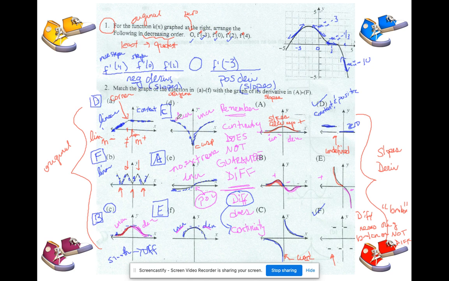My graph was decreasing because my slopes were negative and increasing because my slopes were positive. There is a turning point here. It is not a nice smooth turning point. A smooth turning point is where your derivative is equal to 0. This is not a smooth turning point, but it is still a turning point.